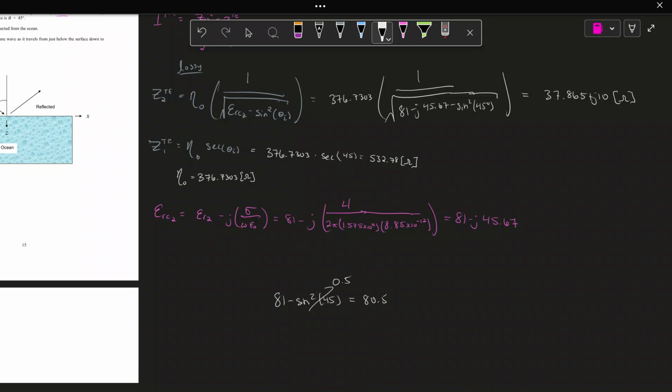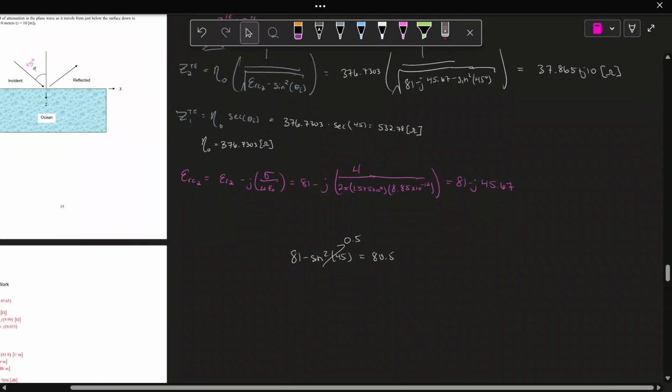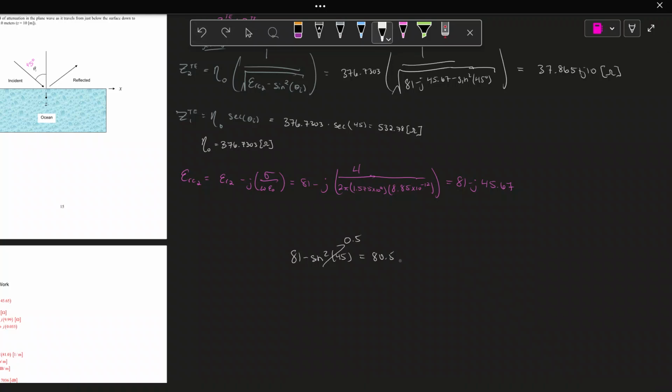Yeah, 80.5. So now what we have to do is not the square root, but do 80.5 minus J 45, put it back into rectangular form, your real and imaginary part, and now you want to create this into polar form. This you should be able to do with the calculator. If not, you take the magnitude and take the phase.